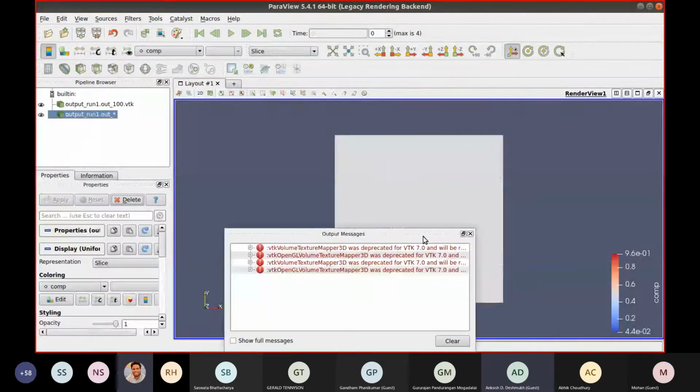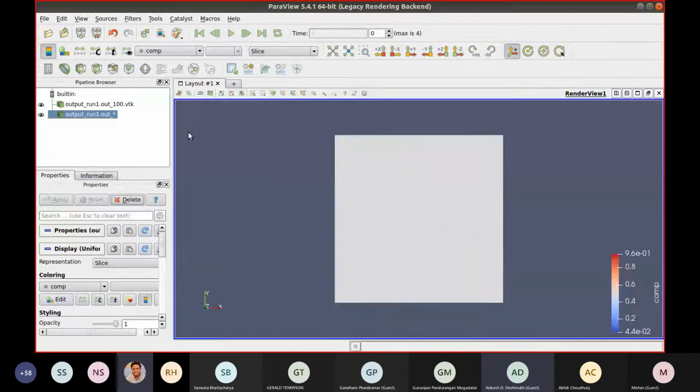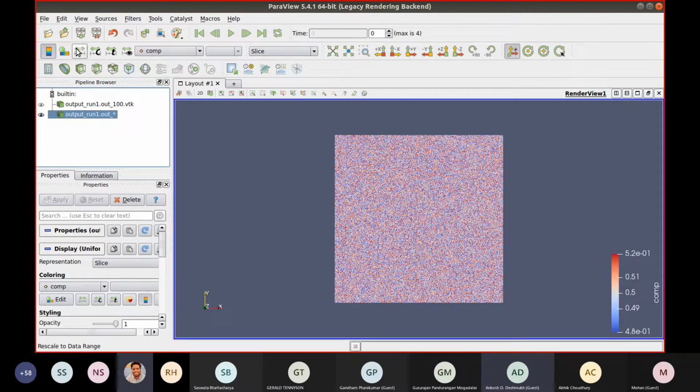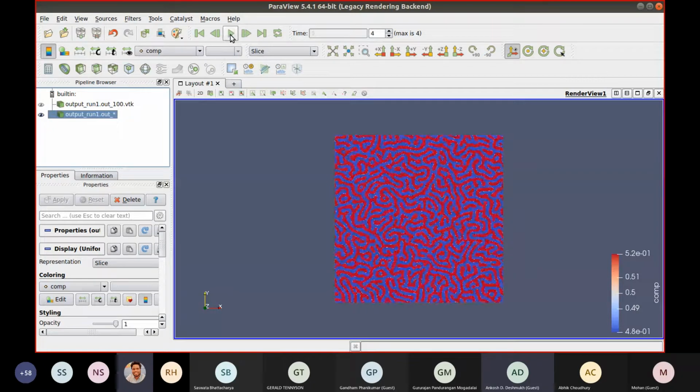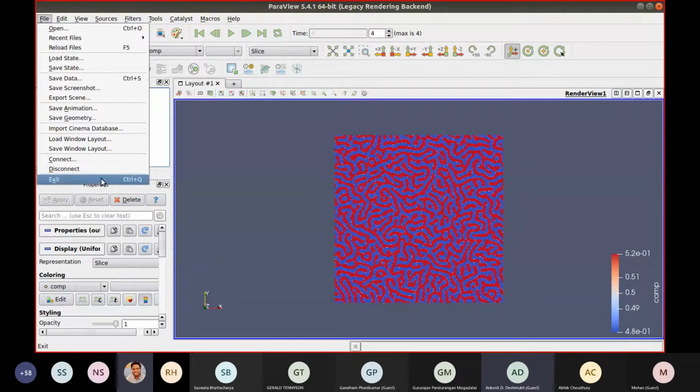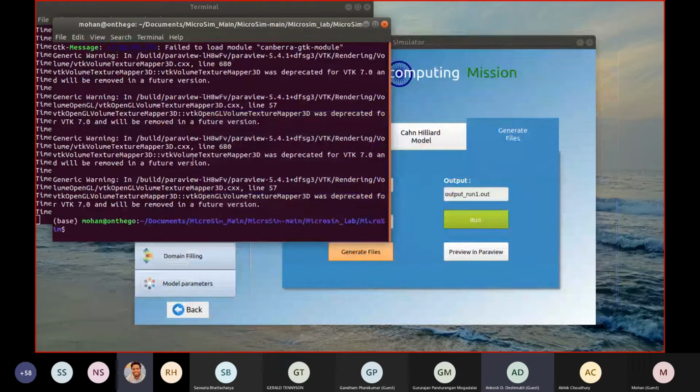You have to remember that opening the preview in the terminal always opens the last saved time step. So here is the initial microstructure which is evolving. With this I would like to close this demonstration.